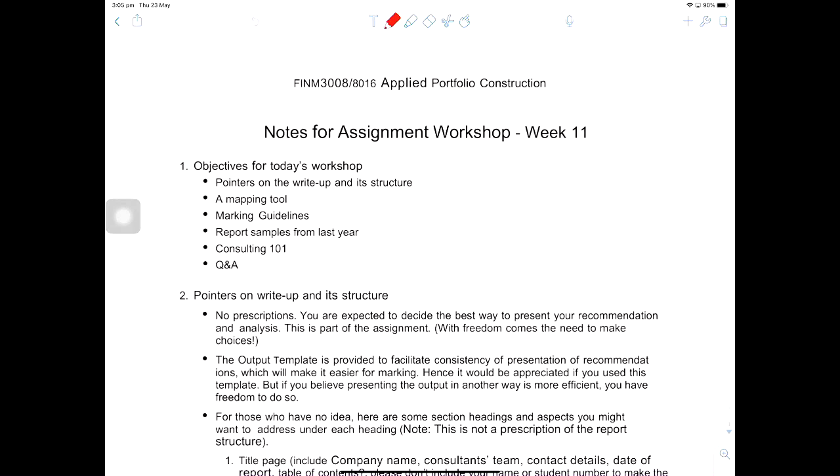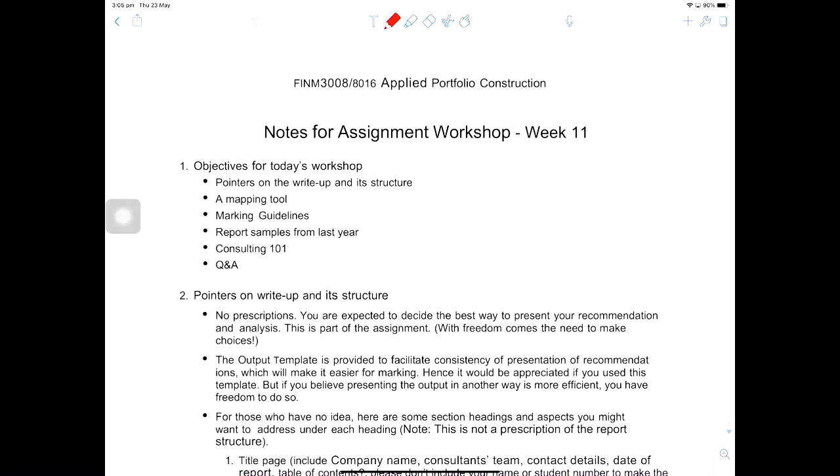Okay, so with this workshop, we're going to talk about writing up the assignment. I know a lot of groups have already started writing the report. So my guideline here is trying to help you to make the writing better, but I'm not trying to prescribe this is the way you structure your portfolio.